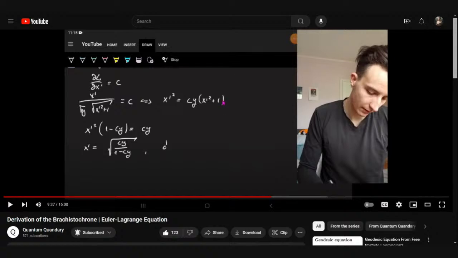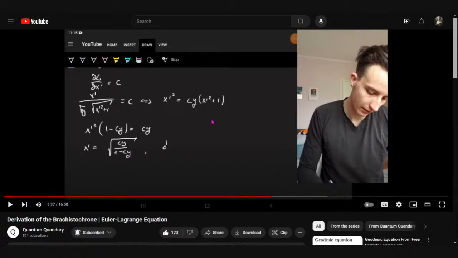So cy is here, and this is cy times x prime squared, so x prime squared minus cy x prime squared. So x prime squared is factored out, so it's 1 minus cy times x prime squared. Okay, now I got it. Everything is fine. So now he's saying x prime is equal to the square root of cy over 1 minus cy. What's the next step?